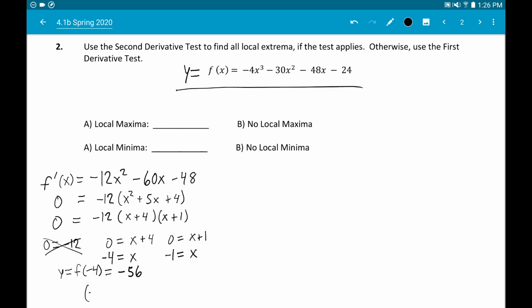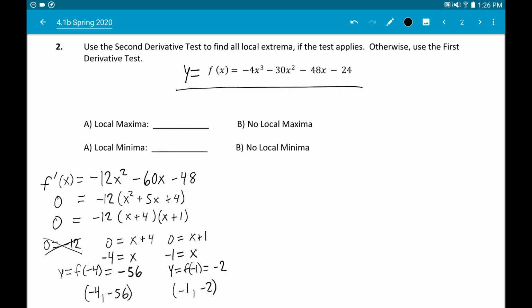So negative 4 comma negative 56 is a critical point. If we plug in negative 1, negative 4 times negative 1 cubed minus 30 times negative 1 squared minus 48 times negative 1 minus 24, I get negative 2. So negative 1 comma negative 2 is a critical point.